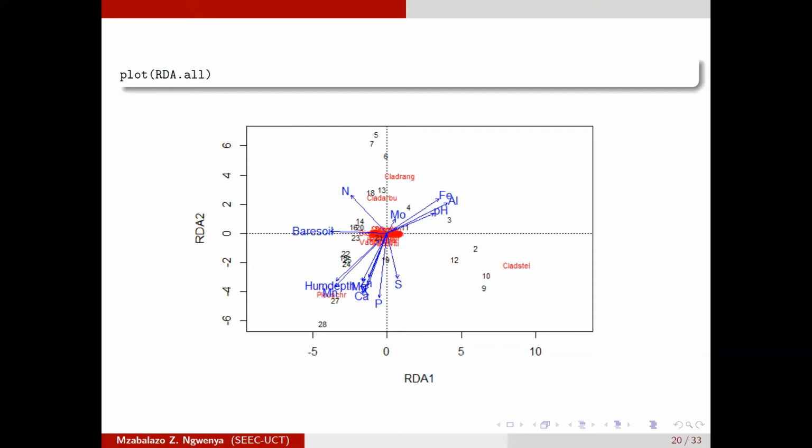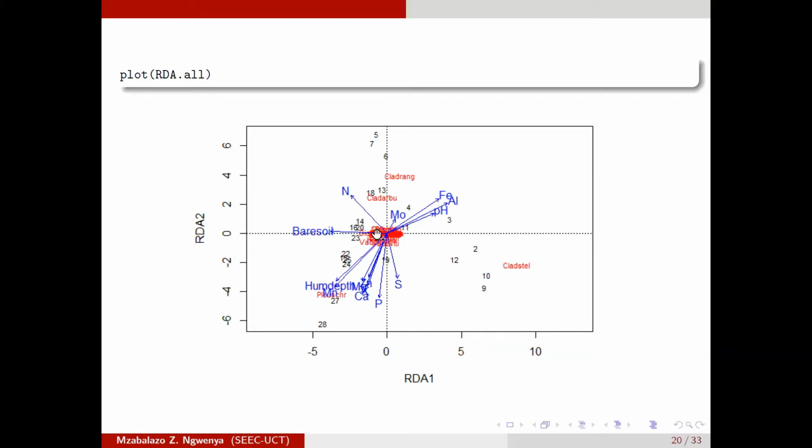We do not just want variation, we want that bit which is explained by our environmental variables. So bare soil seems to explain the most variation, as it is associated with our first axis. And our second axis seems to be associated with P and S, sulfur, but not so much. Your first axis will always associate more with one of your variables.